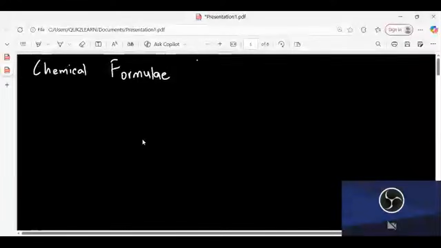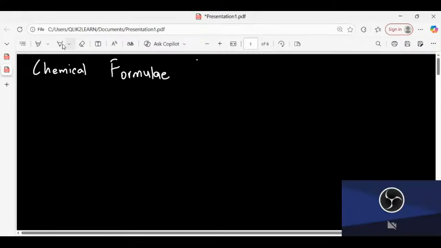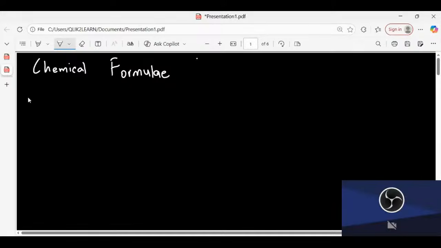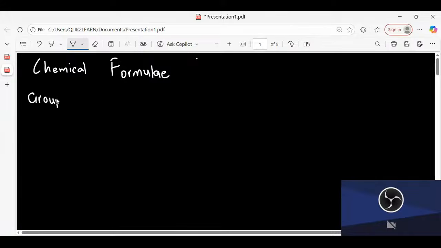Okay, so now there we go. So for the chemical formula, we're going to use a periodic table. What I need you to understand, first thing first, let's talk about group one. I'm going to explain what I mean by group one. Elements in group one become ions with the charge of +1.